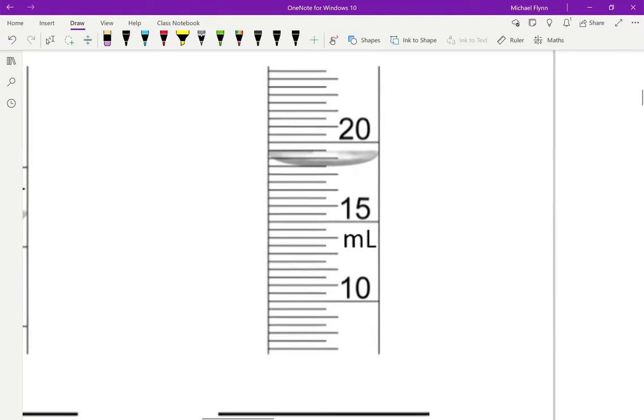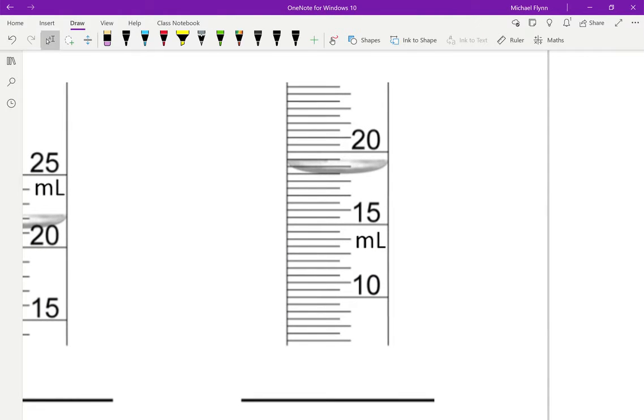So if I look at this, it looks to me like this millimeter mark is exactly on this line right here, okay? Reading the values off the line, here we see they go up by 5s. For example, 15 mils is this green line here. This is 15 mils, okay?